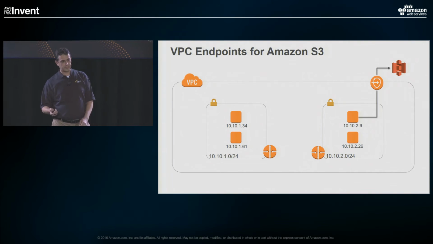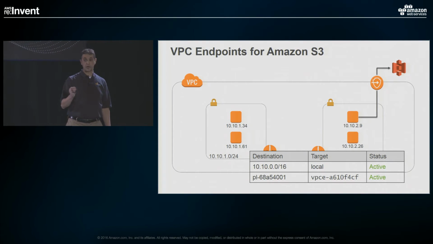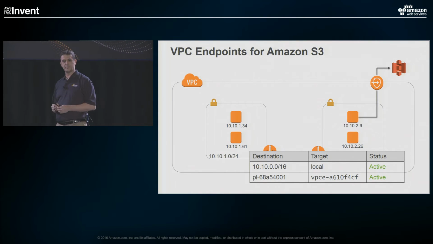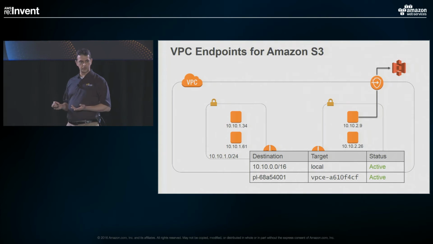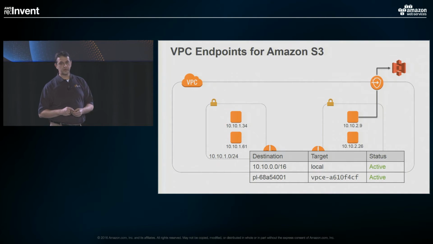So the traffic will flow to your S3 resources without having to attach the IGW. Now, if you look at the routing table in this case, the VPC endpoint is a routing target that has a prefix of VPCE for VPC endpoint, and you can add it to the routing tables in your subnets to route traffic to the S3 resources.